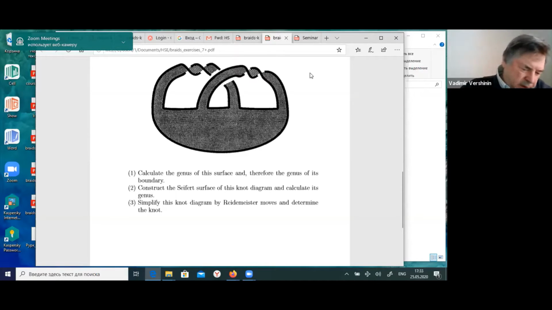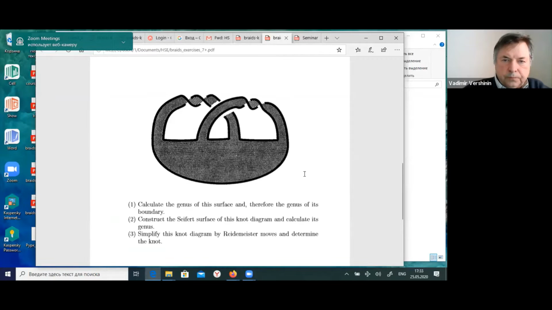What will be the Seifert surface? We can start, for example, from here. Maybe like this, and start to make our pictures.